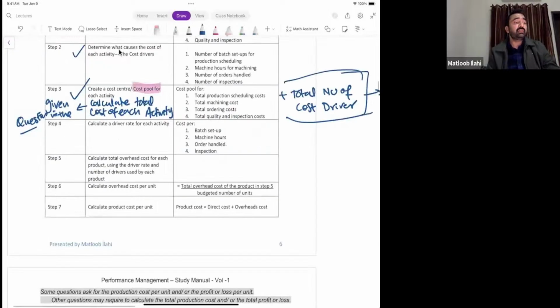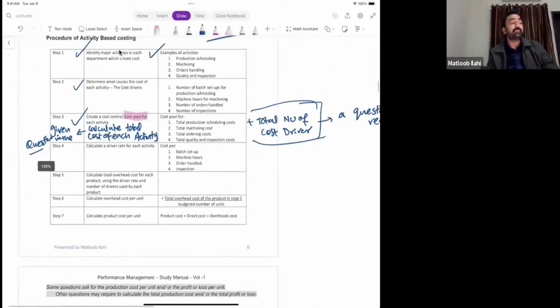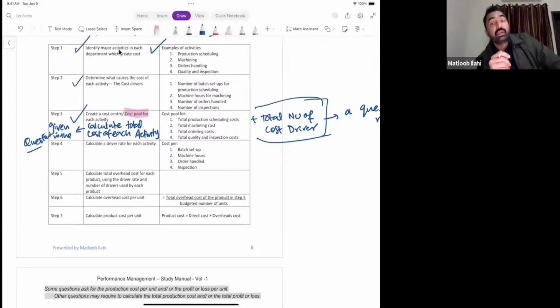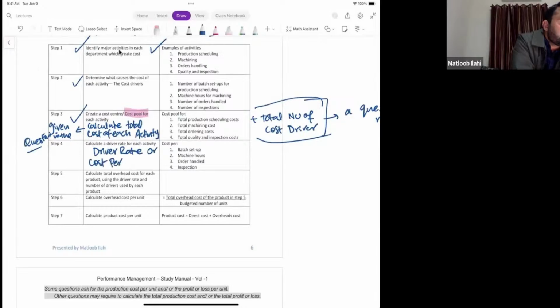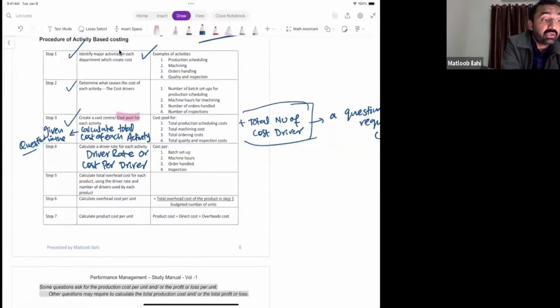Okay, once this is done, step number 4: now you have to calculate the cost per driver or driver rate. So how do you calculate this one? That is simple, just like the overhead absorption rate.